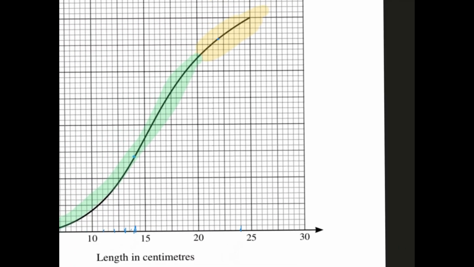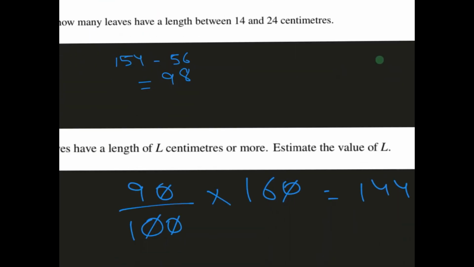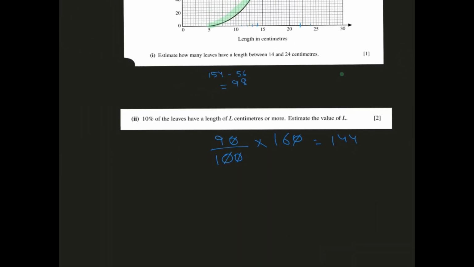If this is 144, then this, so 21 and 22. So the value of L is 22, and 90% of our leaves have a value of less than or equal to 22, right?